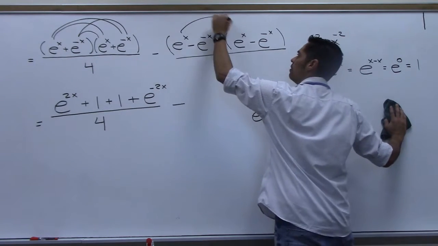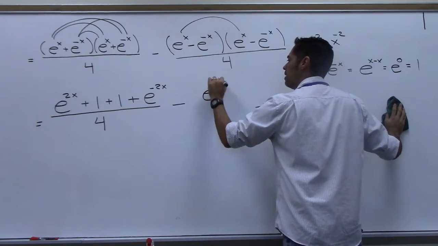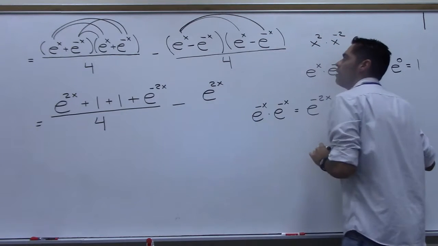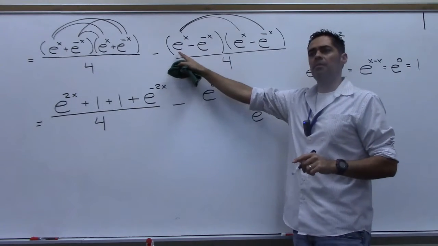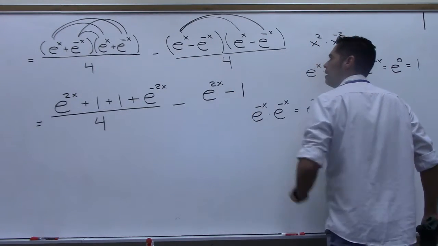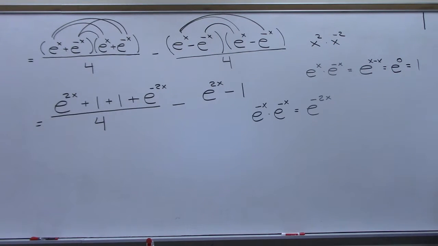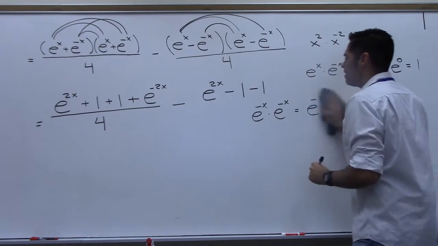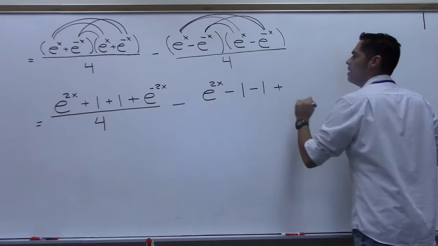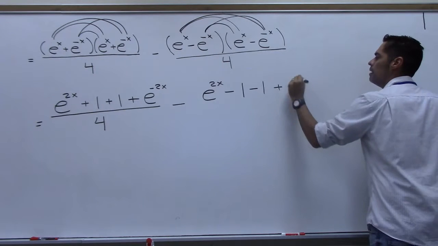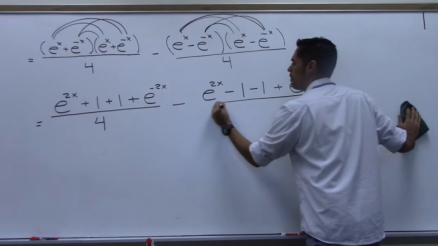When we do this, we get e to the 2x, right? So that's not any different. This one times this one, we still get 1, don't we? But it's minus because this was negative and this one was positive. So we get minus 1. And then we do the inner one, we get 1 again, but it will be minus. So minus 1 again. And then the last one, here, it'll be plus, and it'll be e to the negative 2x again, right? All of it over 4.